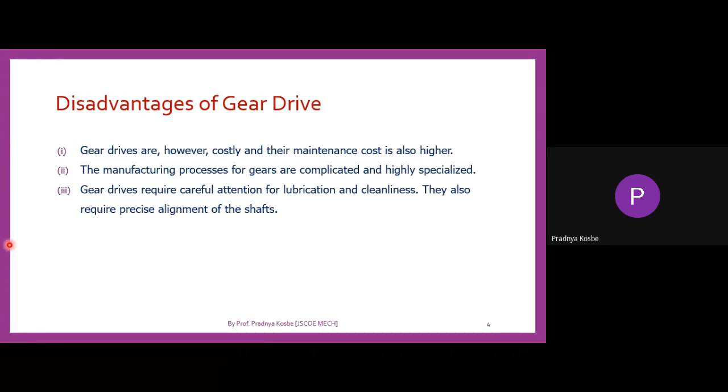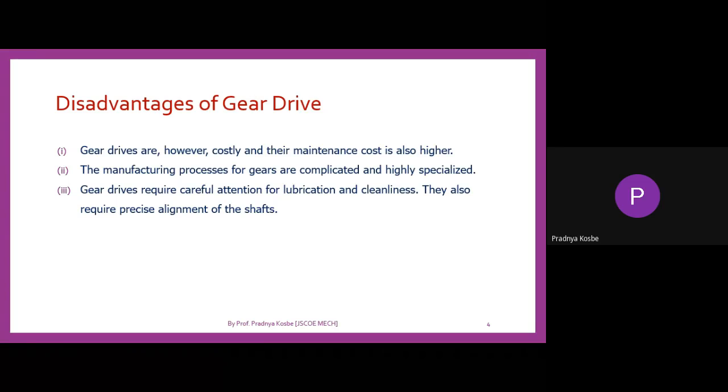As there are advantages, there are disadvantages also. The disadvantages of the gear drive are that they are costly, because their manufacturing is complex as compared to belt, rope and chain drives, and their maintenance is also high.